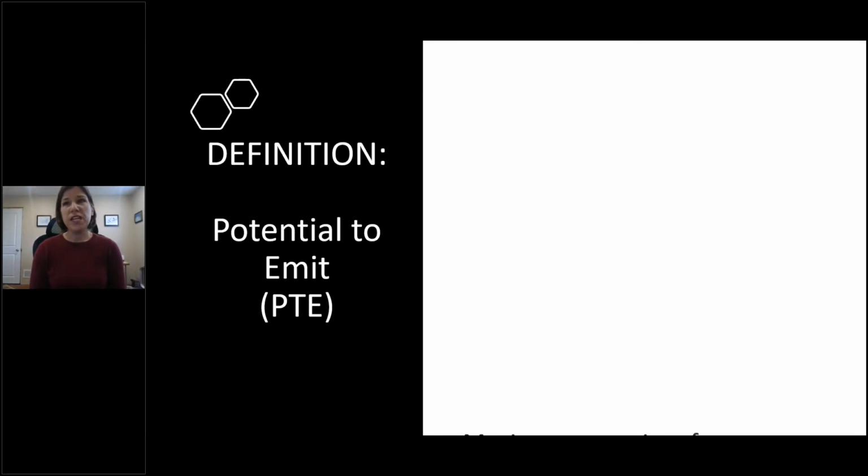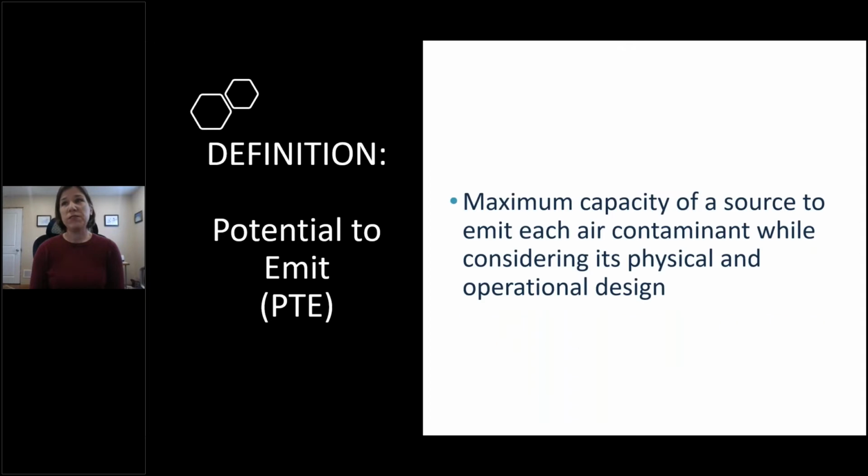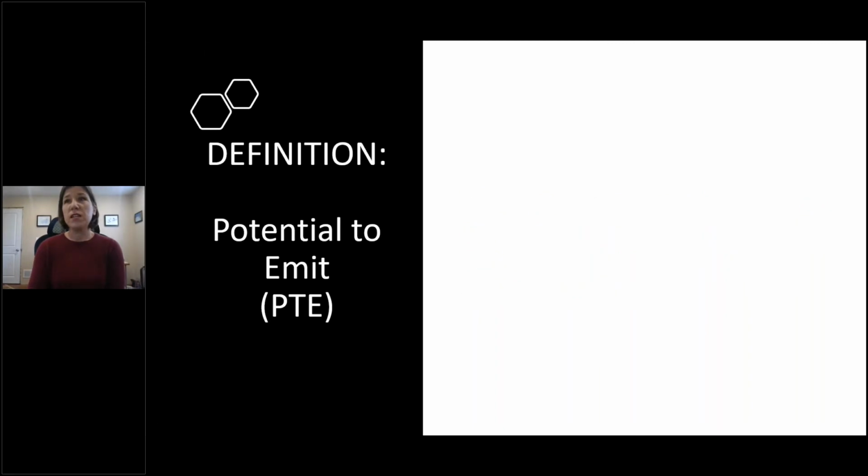The PTE is the maximum capacity of a source to emit each air contaminant while considering its physical and operational design. Applicability of state and federal requirements depends on the PTE as opposed to actual emissions. So PTE calculations must be based on operating at maximum capacity.